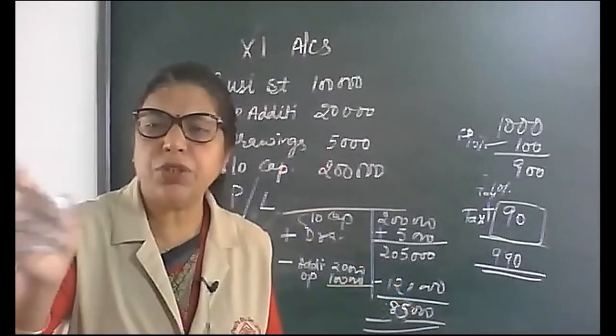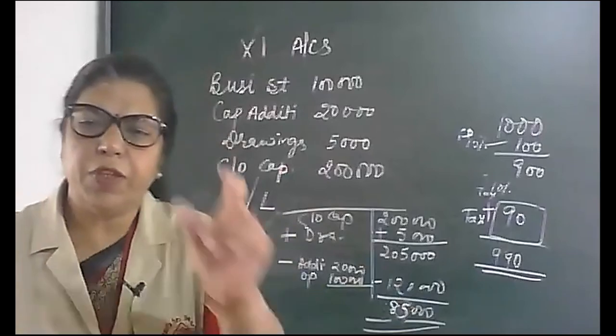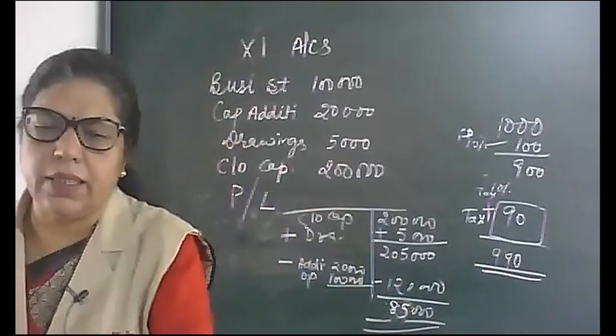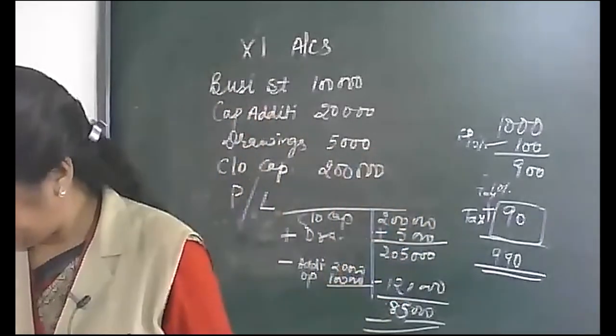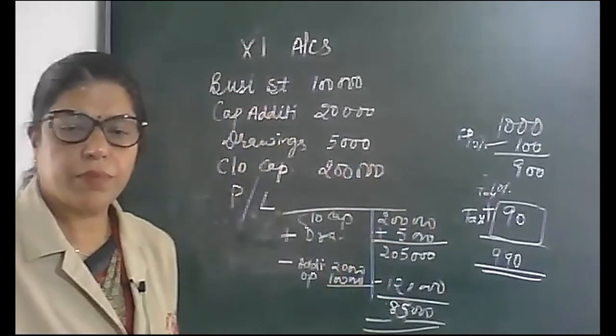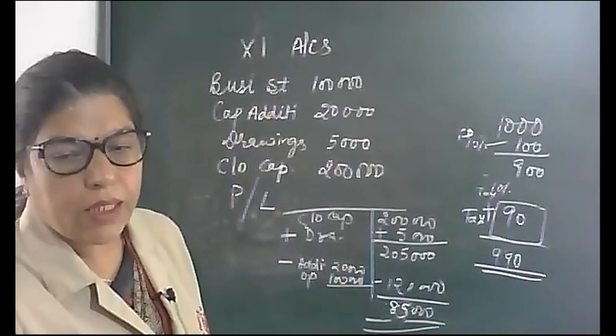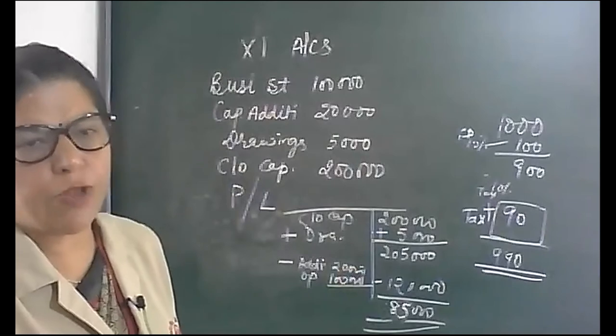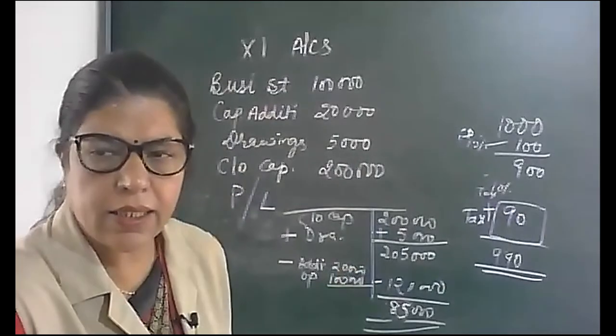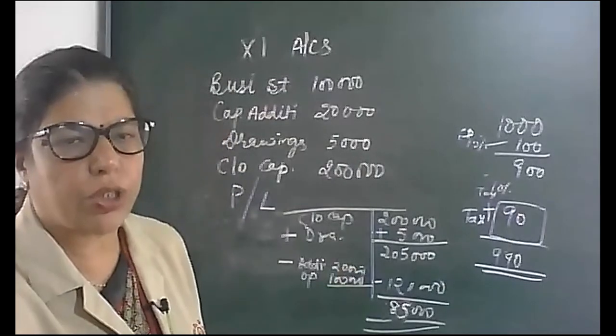Now you will not show this detail in the exam. You will write the answer directly, 85,000 rupees in that column. This is the profit. If that answer is positive, that is profit. If that answer is negative, that is loss.